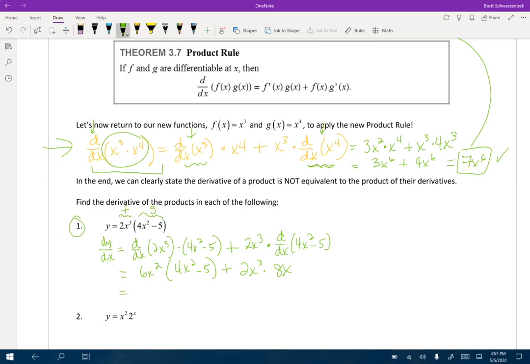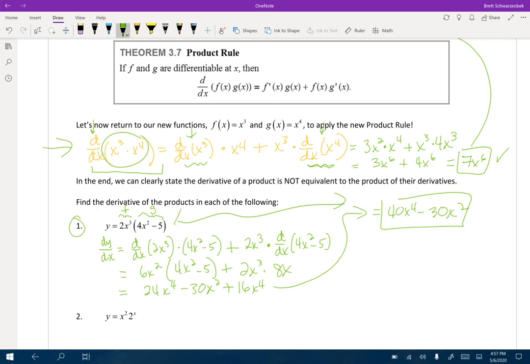So the rest of this is just combining everything. Distributive property gets you 24x to the fourth minus 30x squared. Over here, if we multiply, we get 16x to the fourth. If we combine these, we end up with 40x to the fourth minus 30x squared. So this is the derivative of this function.